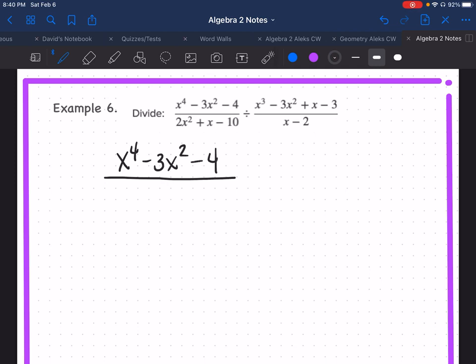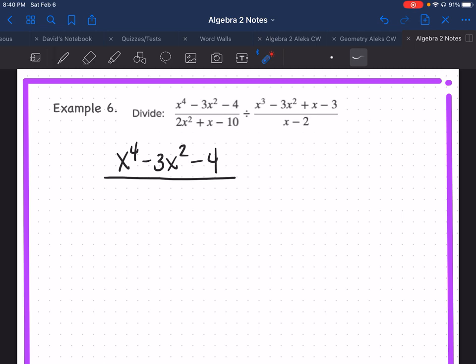Now, I've never seen this before, but if I stop and think, just like when we have x squared, we do x times x. x squared times x squared would give me x to the 4th. And then this would be 2 times 2 or 1 times 4. And I think I could make that become this when I crisscross multiply.